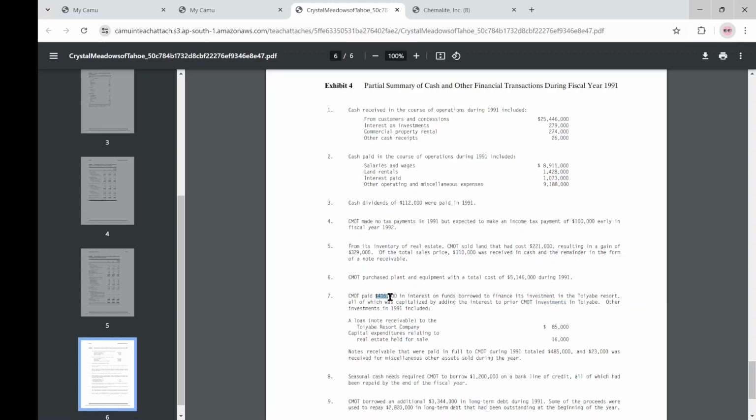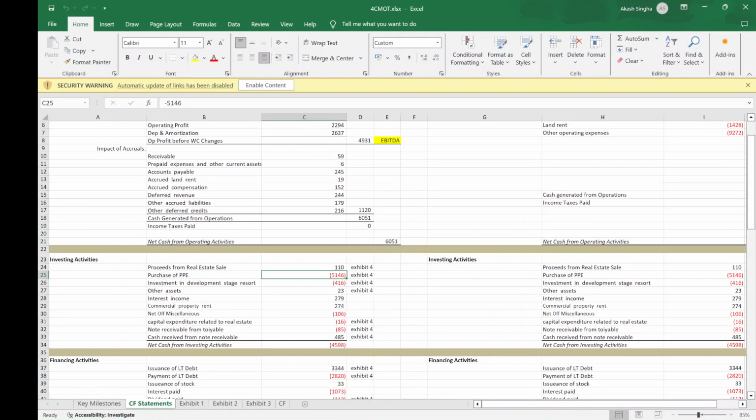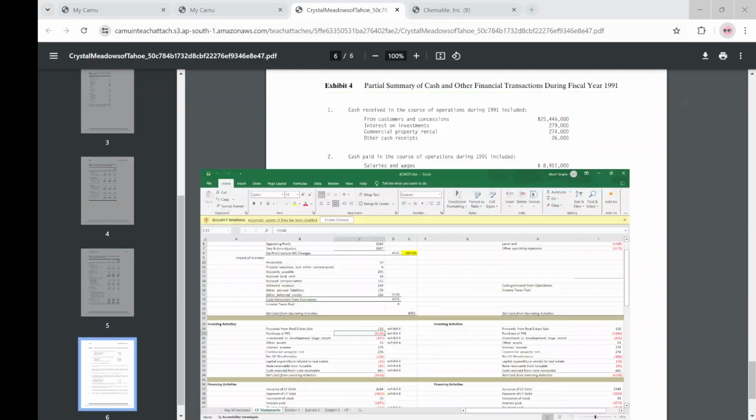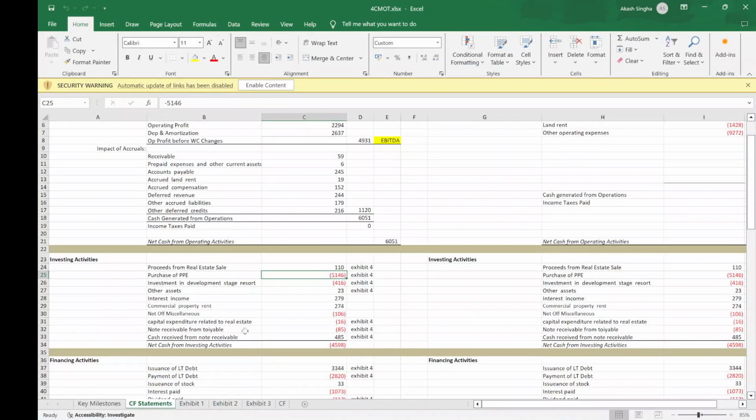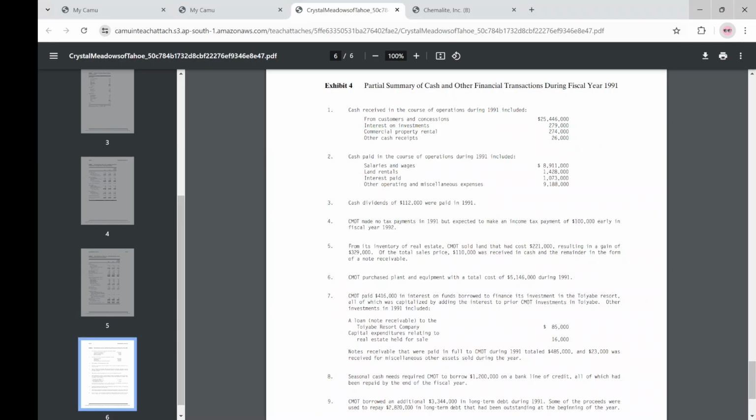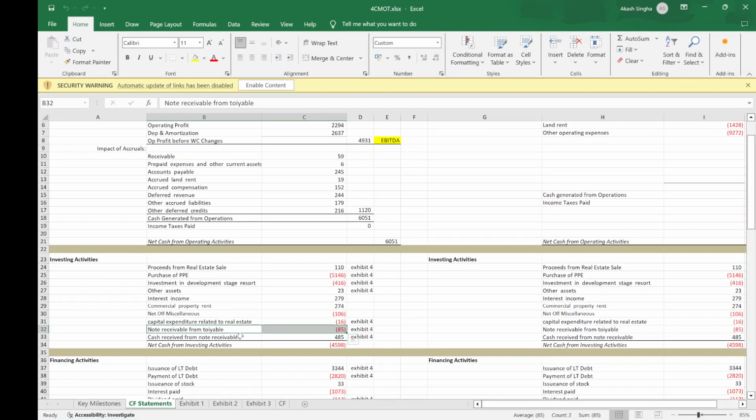We have paid it. Write it down as 416 in the investment. So negative cash flow. Then a loan of 85, so again minus 85. Then again we have said that capital expenditure relating to real estate is 16. That again we have added as 16.